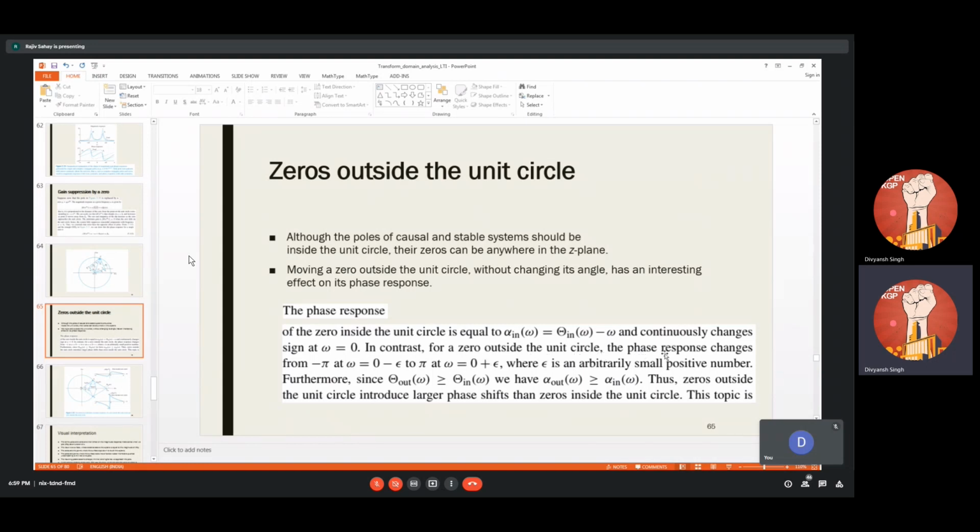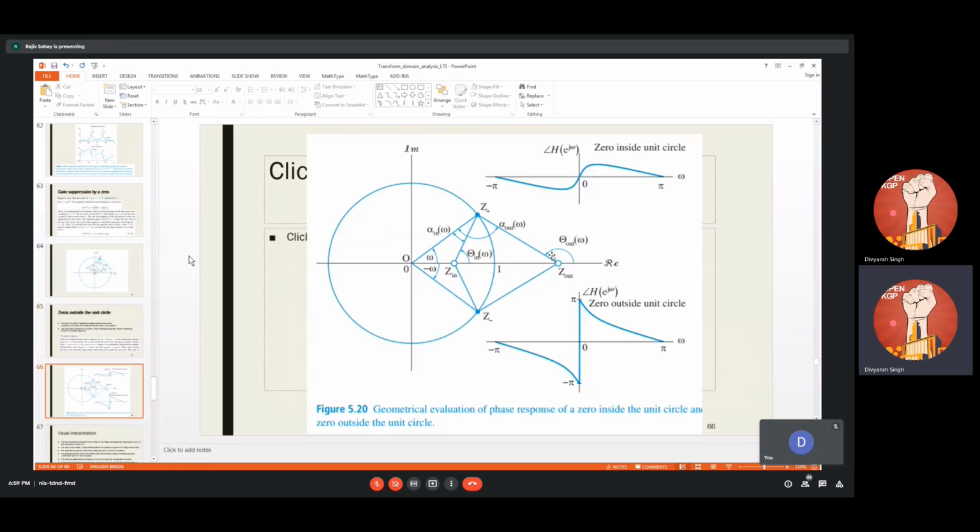So for a zero outside the unit circle, the phase response changes from minus pi at omega equal to 0 minus epsilon to plus pi at omega equal to 0 plus epsilon, where epsilon is an arbitrarily small positive number. You can draw those triangles and check yourself. One more thing is that the phase angle for a zero outside the unit circle is greater than the phase response for the zero inside the unit circle, because alpha_out(omega) is greater than alpha_in(omega).